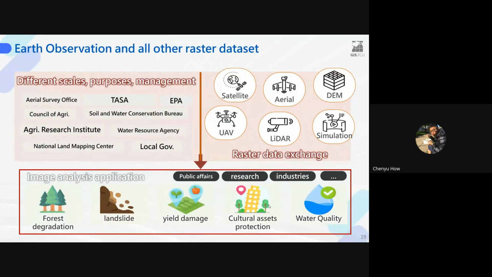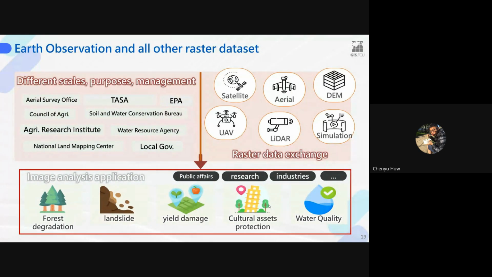So in Taiwan, remote sensing images are typically acquired by environmental management authorities and applied to different issues such as forest degradation, landslide monitoring, crop management, cultural heritage preservation and water quality analysis.